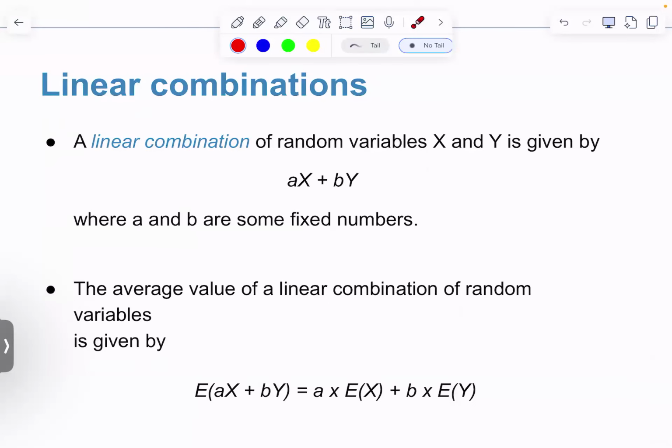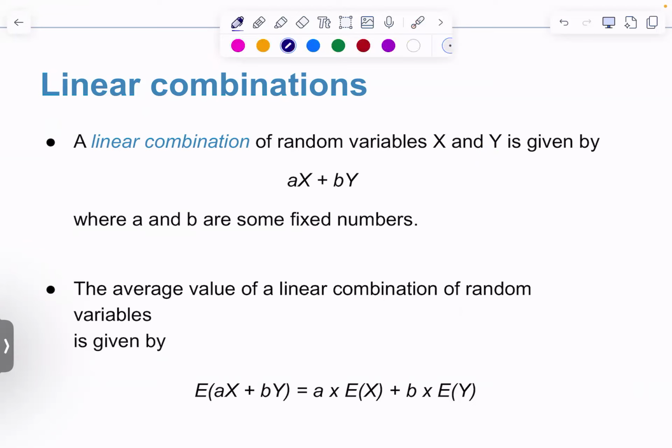Quick note on linear combinations. A linear combination of random variables x and y. So I can combine 2 random variables. That would be something like if I roll a 6-sided die and then I follow it up with drawing a card from a deck of cards, for example. So I'm combining 2 random variables.